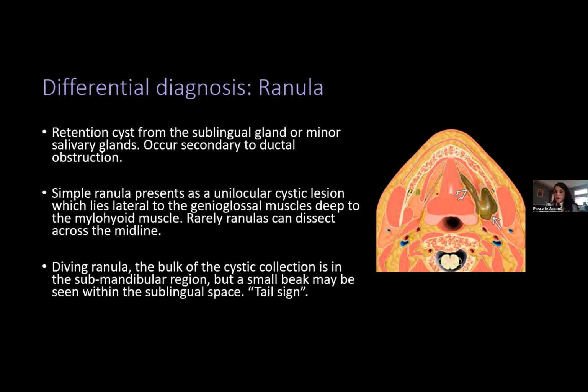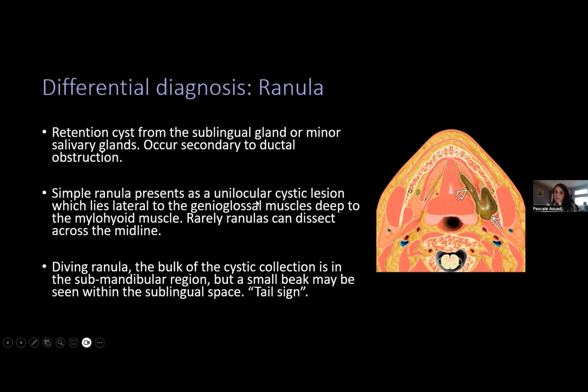One important differential in this location would be ranula, which is a retention cyst from the sublingual gland or from the minor salivary gland. It occurs secondary to ductal obstruction, either from a trauma or prior infection or inflammation. Ranula can be either a simple ranula when it is confined to the sublingual space, or it can be diving when it extends to the submandibular space.